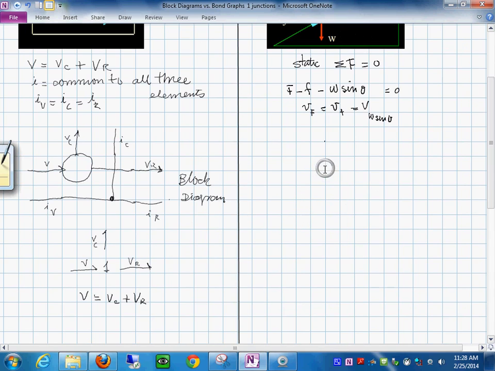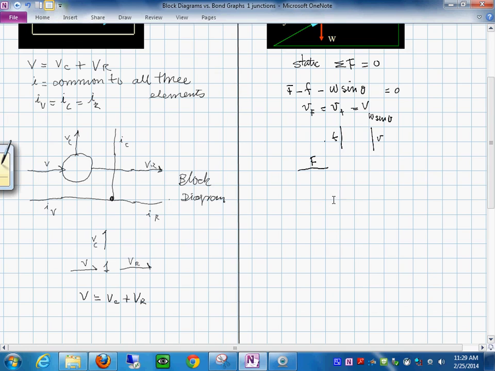So in here you have the force F, and then on this the other force F, and then the flow is the velocity here.